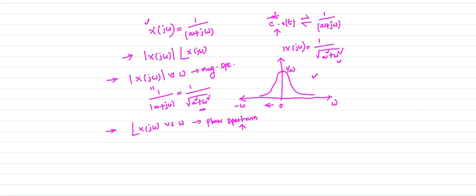That is our phase spectrum. Similarly, in the magnitude spectrum, at each and every frequency we define the magnitude of the function. Both the magnitude spectrum and phase spectrum are collectively called the frequency spectrum.